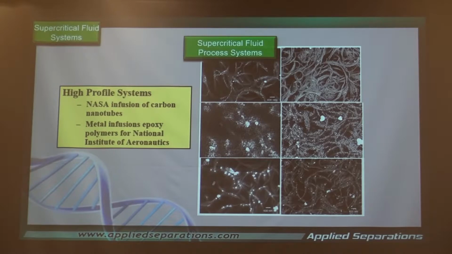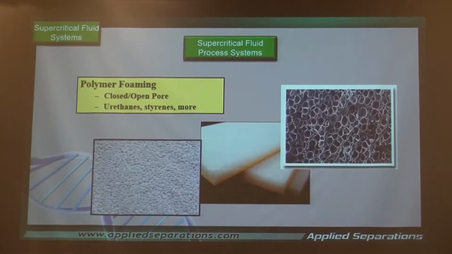Another application of infusion is that you can actually put metals into a variety of different polymers, into carbon nanotubes. We did this work in conjunction with NASA, the National Institute of Aeronautics, and the Boeing airplane company. New environmentally friendly ways of making Nike shoes. We have a big program going on with Nike right now.